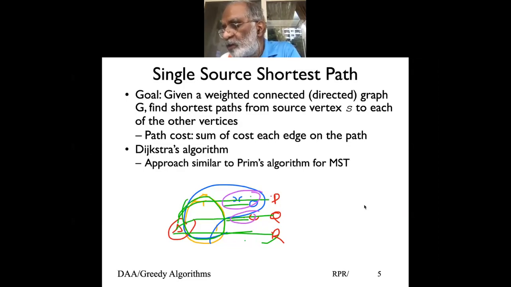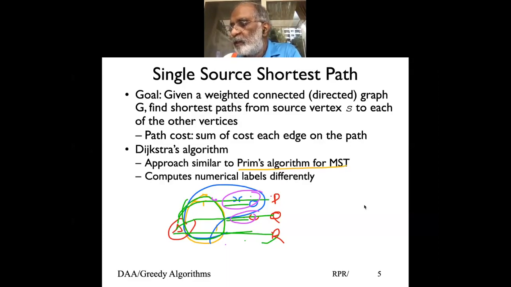We look at the edge cost plus the distance of this node so far, and that's the difference between Prim's algorithm and Dijkstra's algorithm.